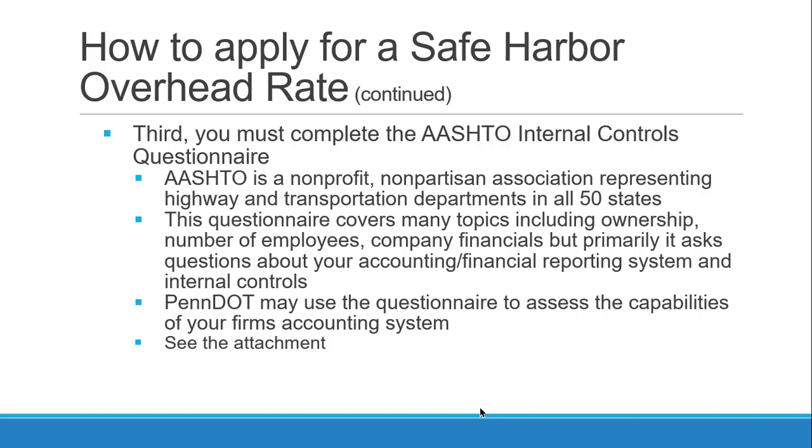The questionnaire that we are referring to covers many topics, including ownership, number of employees, company financial information, but the primary goal is to provide information about your accounting and financial reporting system and your internal controls. PennDOT may use the questionnaire to assess the capabilities of your firm's accounting system. It's a lengthy form, which we will go through next.